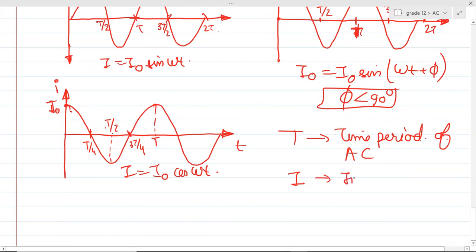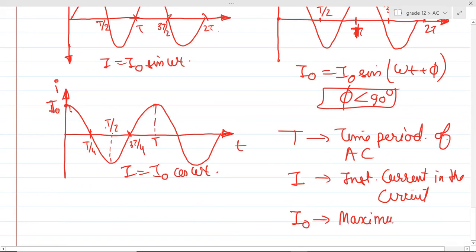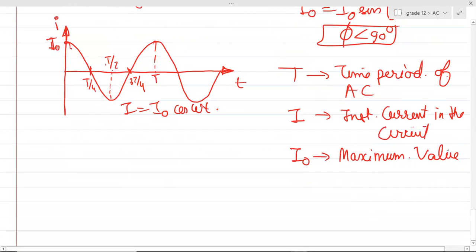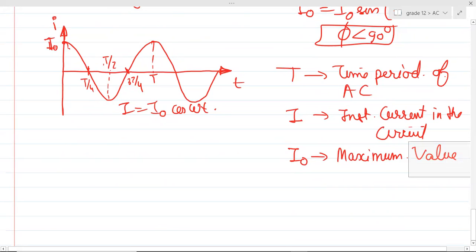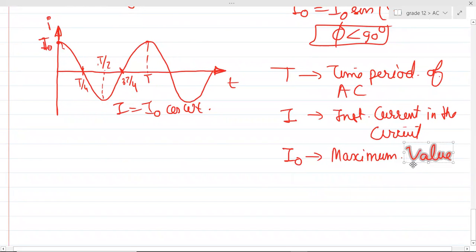I is basically the instantaneous current in the circuit. What is I naught? I naught is basically the maximum value, or you can say the peak value, of current.